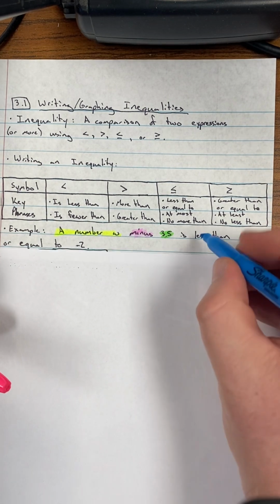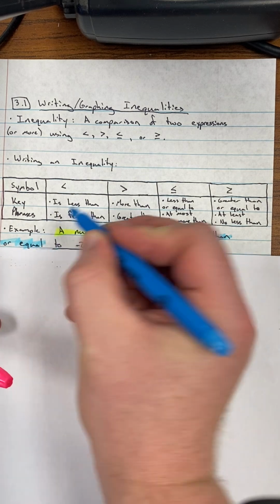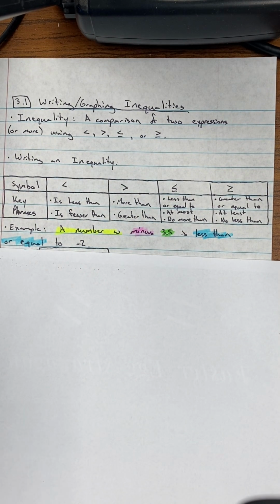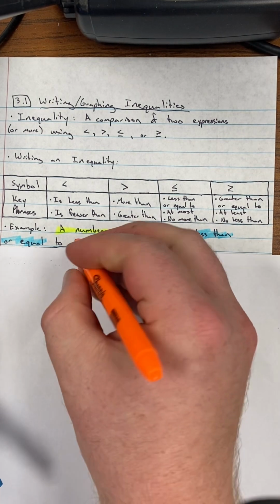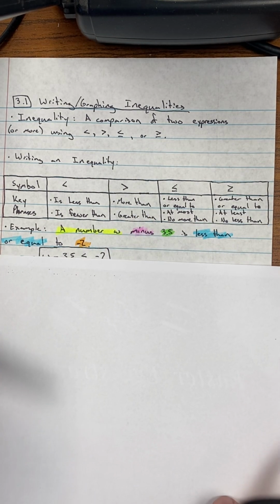Less than or equal to, it's going to be in blue. And then negative 2, I'll put that in orange. Okay? So you can see where each piece is coming from.